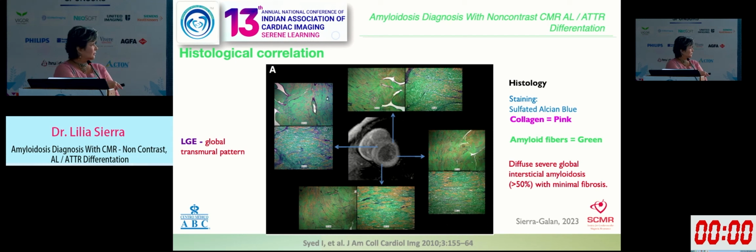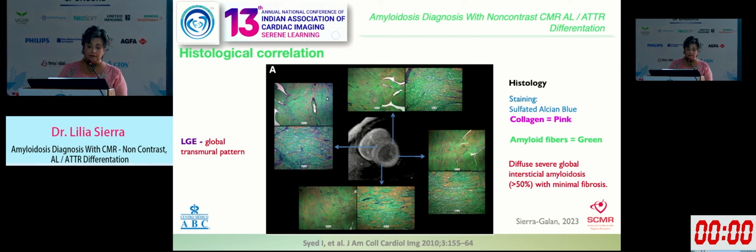See this one, which has this global transmural pattern of LGE, and see what the histology says. So with the sulfated Alcian blue, we can see that the collagen is pink and the amyloid fibers are green.